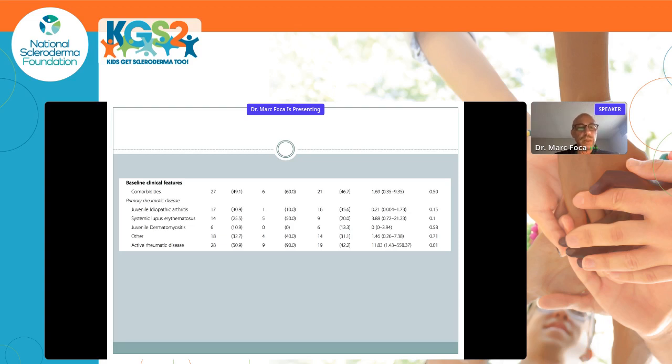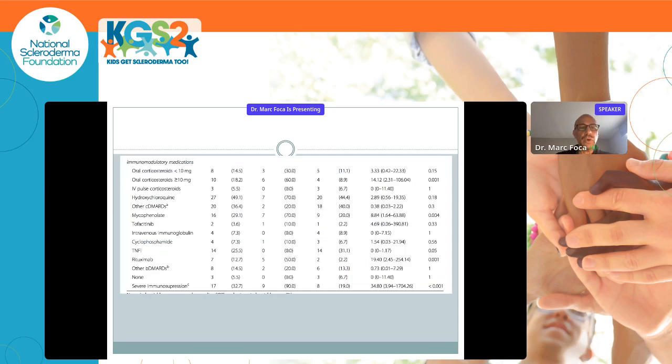scleroderma. The difference was you were more likely to be admitted if you had active rheumatic disease, meaning your disease was not under control, despite the number of agents, and we'll see that in the next slide. So patients were more likely to be admitted if they were on high-dose steroids, greater than 10 milligrams of prednisone or prednisolone a day.